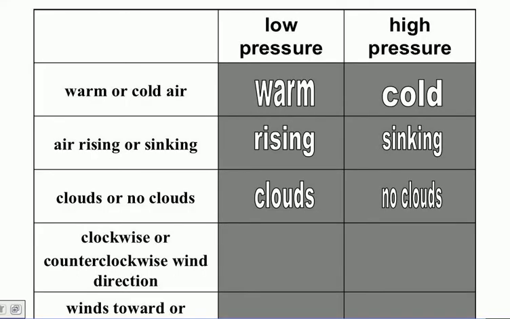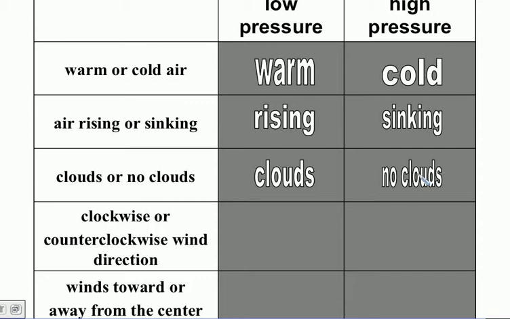So again, overall recap, we're talking about low and high pressure, several different factors coming into the picture. Low, we know, is warm rising air with clouds, whereas high pressure is that cool sinking air that tends to stay no clouds or dry, high and dry. We added today the motion clockwise, counterclockwise, and towards or away from the center.